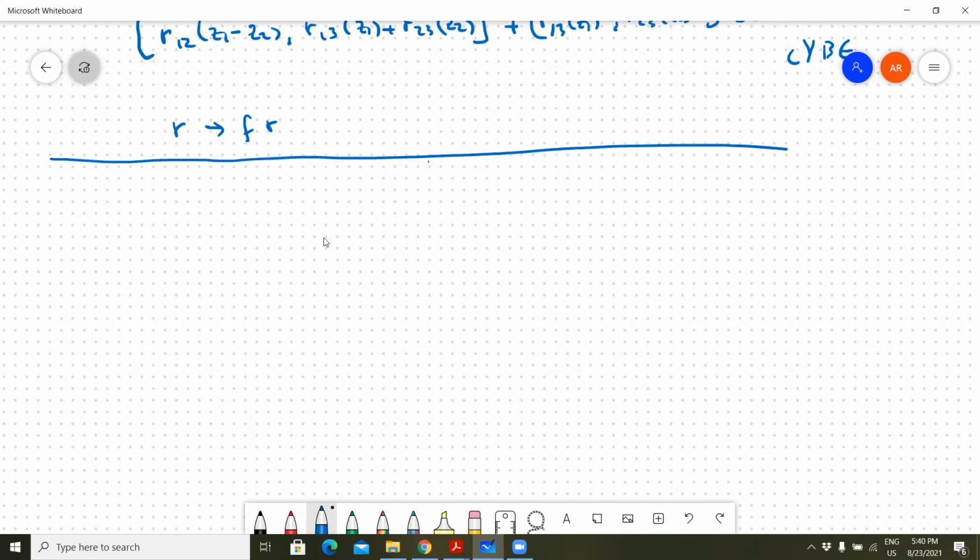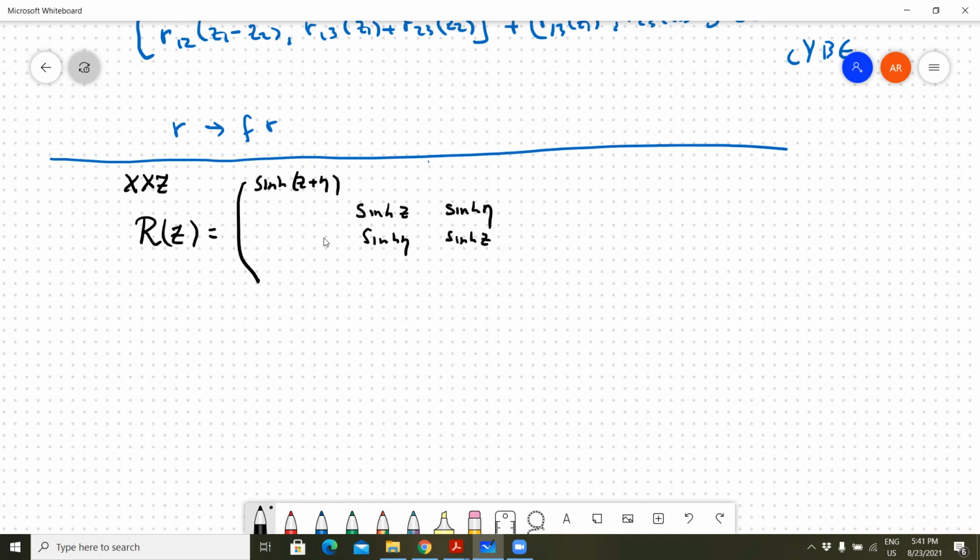So let's talk now about these Lax. Oh no, I just said I would say this. Okay, so for the XXZ, our R matrix is given by sinh of Z plus eta, and the rest is rho.